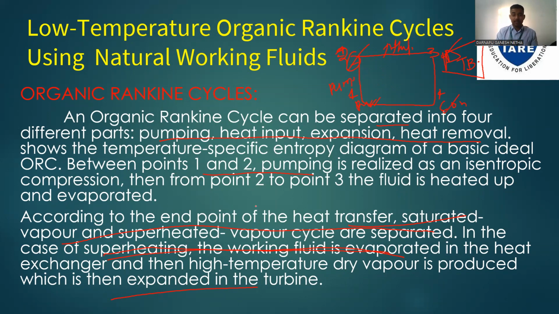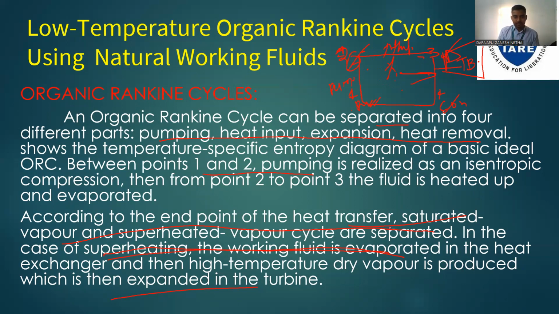The different parts of the organic cycle: from 1 to 2 is pumping, isentropic compression, and from 2 to 3 the fluid is evaporated and the steam is sent to the turbine.